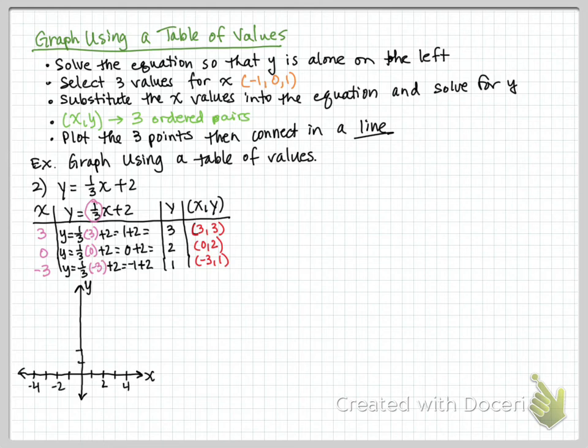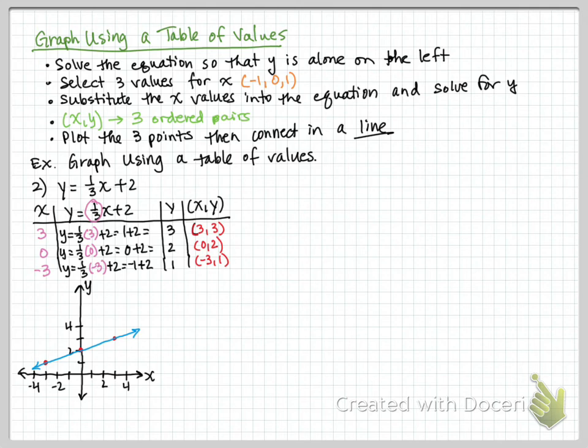All my y's were positive. Okay, and then I'm going to start graphing those 3 ordered pairs. So 3, 3, 0, 2, negative 3, 1. And then I'm going to connect them up. And arrow caps. Okay, awesome.